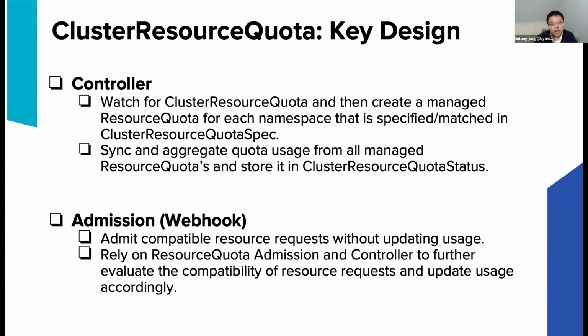As we're already familiar with, the resource quota admission is responsible for both quota admissible evaluation and usage updating, while its controller reconciles quota updates and recalculates the actual resource usage. So basically, it serves as the source of truth in terms of resource quota.